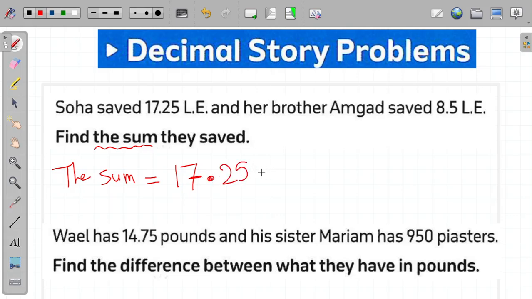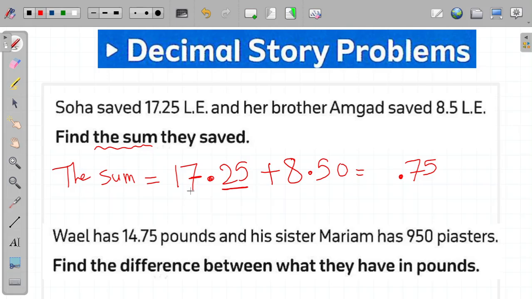17.25 plus 8.5. Here I have two decimal digits, and I have here just one digit. So I will add 0 next to 5, so it will be 50 hundredths. And I will add the digits together. I have 5 plus 0 equals 5, 2 plus 5 equals 7, and I will put the decimal point.